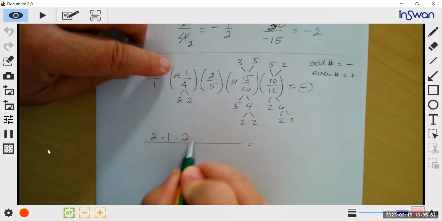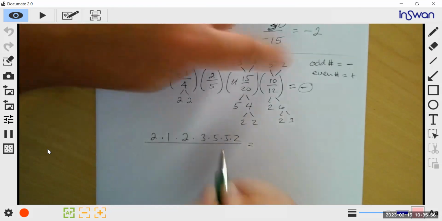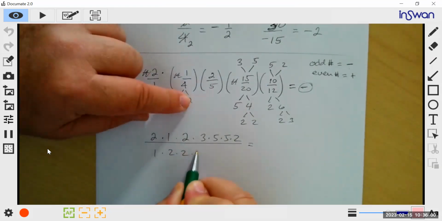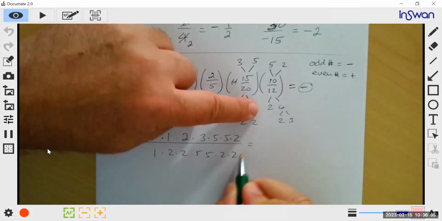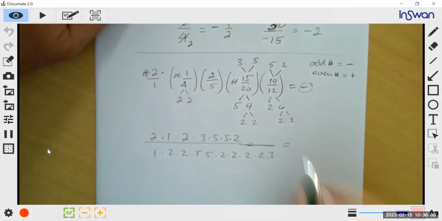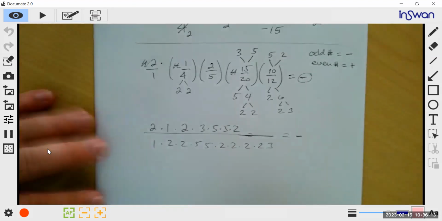So 1, 2, 3, 5, 2. On the bottom, I have 1, 2, 2, 5, 5, 2, 2, 2, 3. Yes, I know the answer is going to be negative. Now it's cross out.